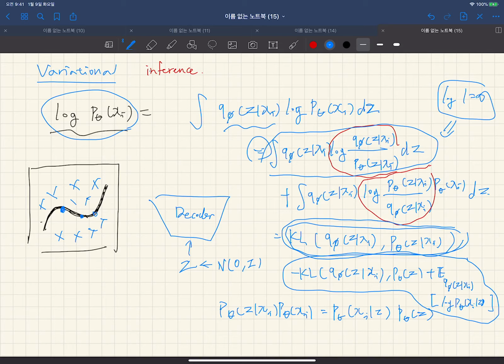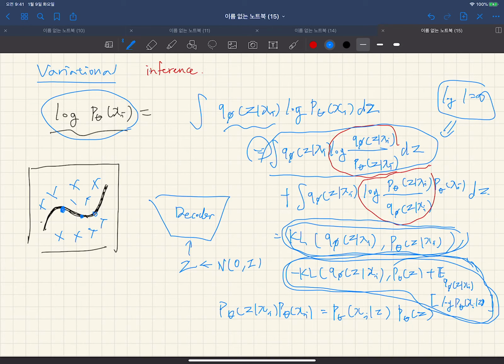But the problem is there is always some distance between q phi and p theta for this conditional distribution. So variational inference means, from many assumptions on q phi and p theta, let's just assume that these two distributions are the same, and just make the second part maximized.